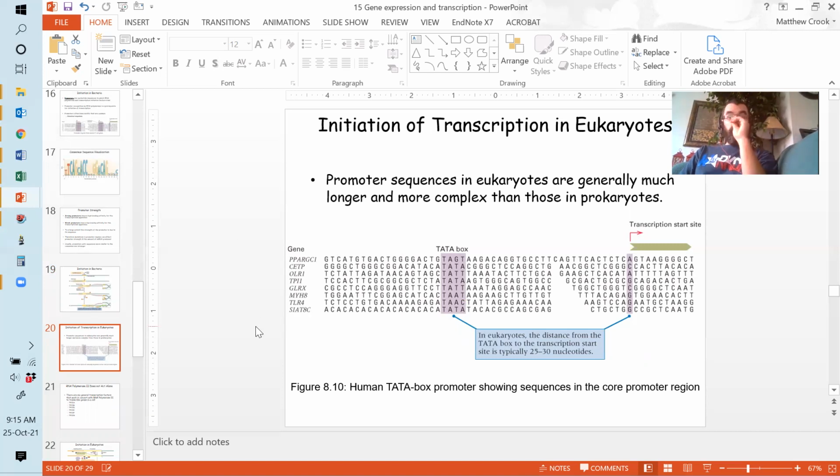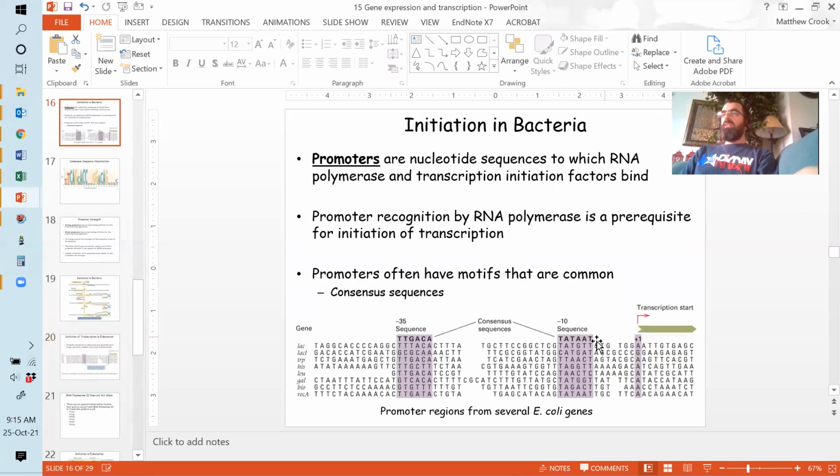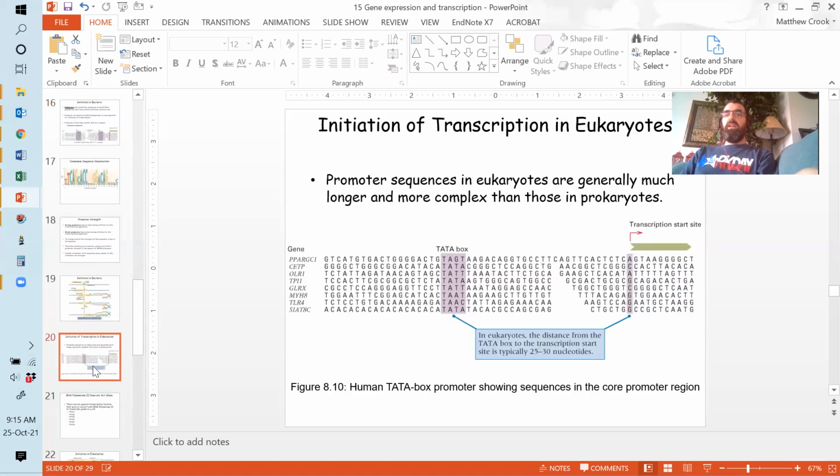One reflection of that is that we've got the same transcription start site deal, but now we have a lot less consensus. We have something called the TATA box. The TATA box is equivalent to the -10 sequence in bacteria, but it's also a recognition site for another protein called the TATA box binding protein.